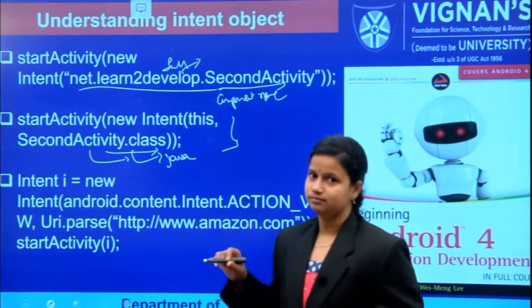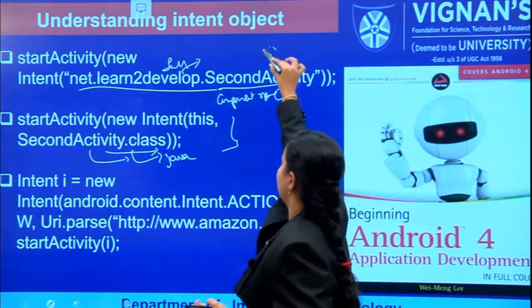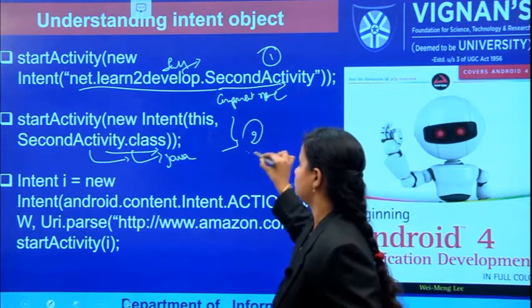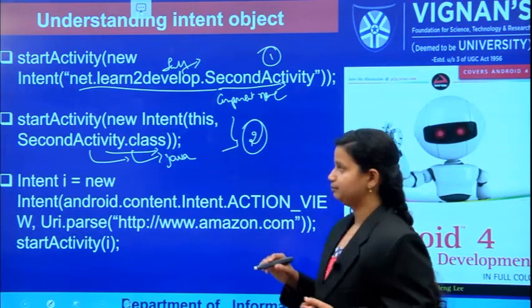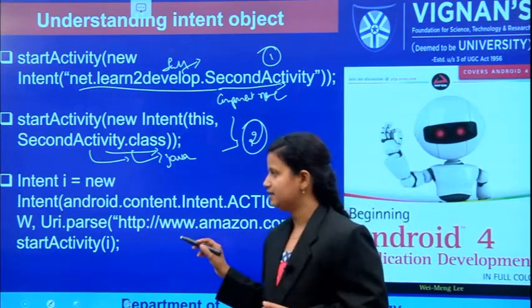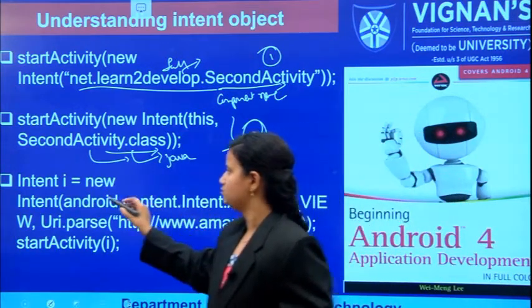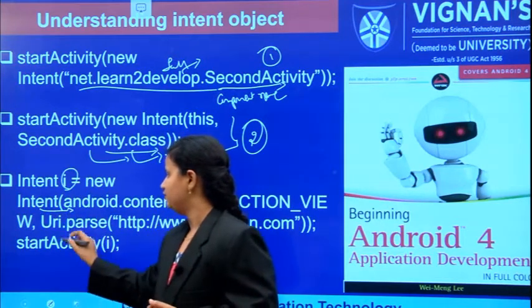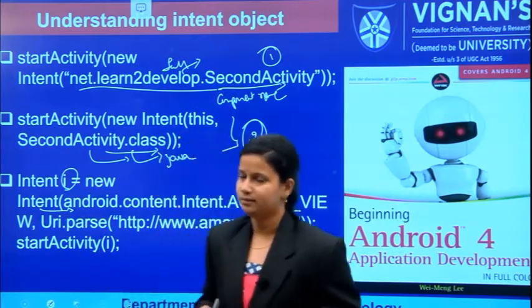So, the first is providing a component name, the second is providing a Java class file name, and the third is creating an intent object along with two different parameters.